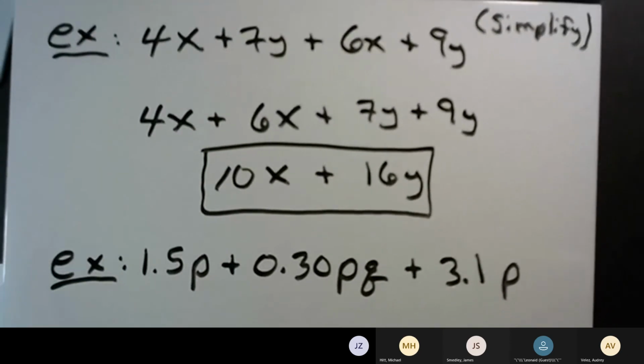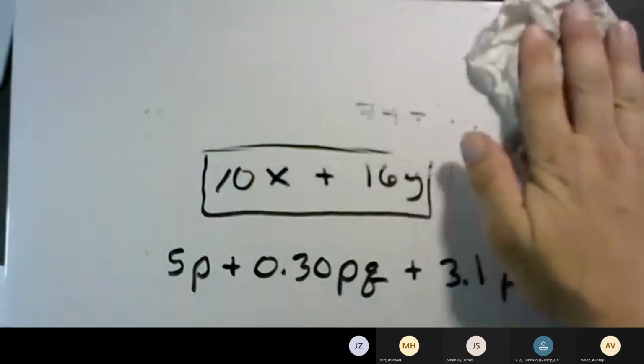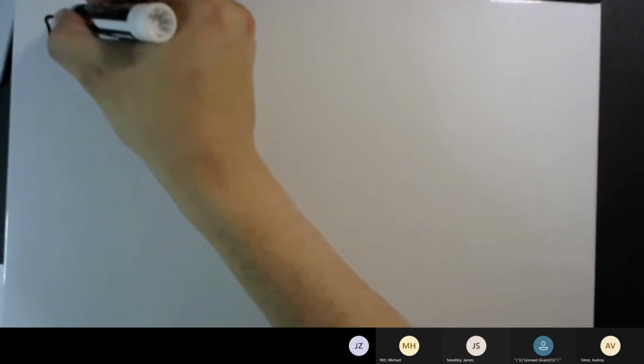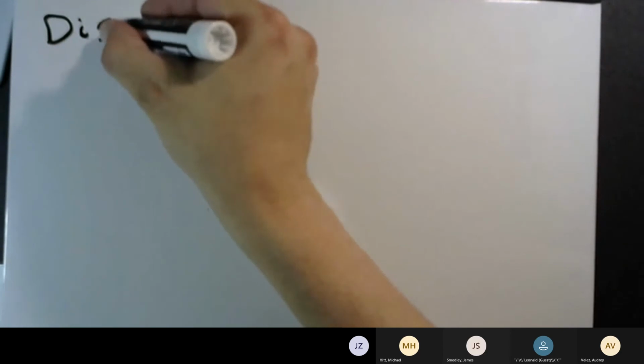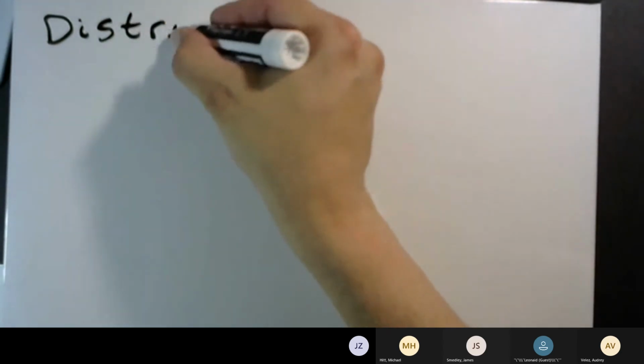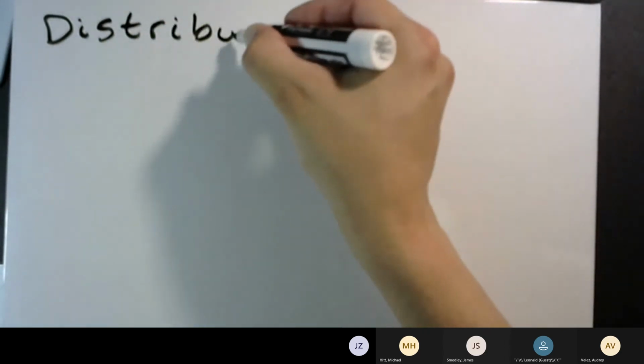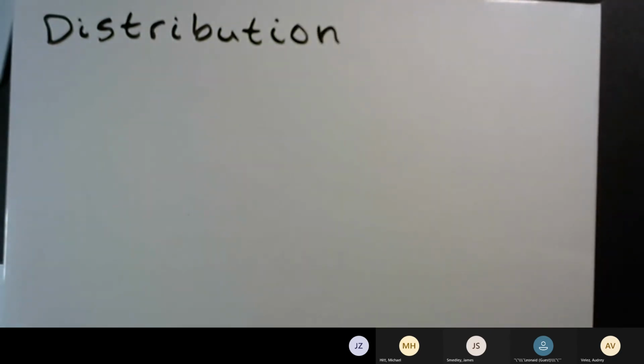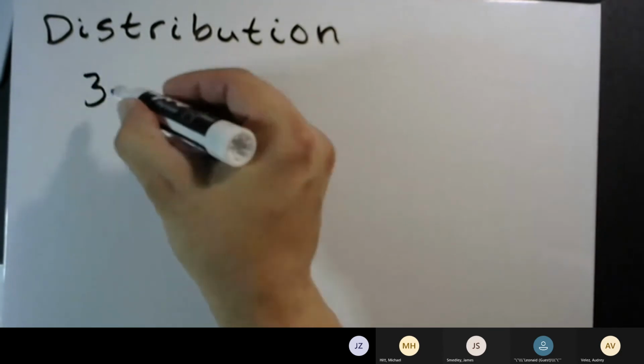Now, what we're going to look at next, we're going to look at distribution. And let's say we have something like this.